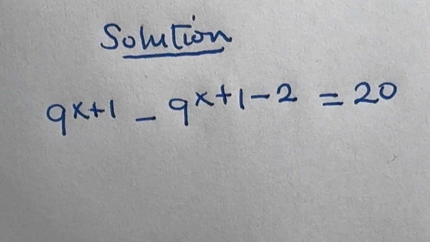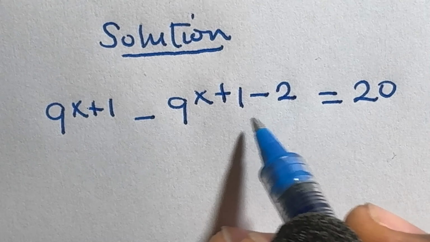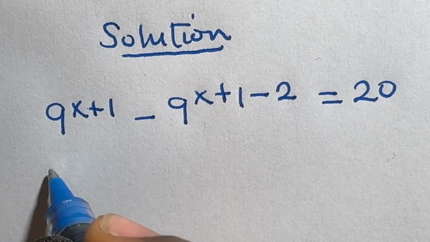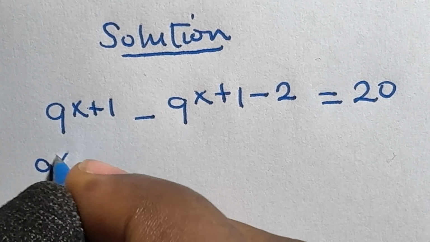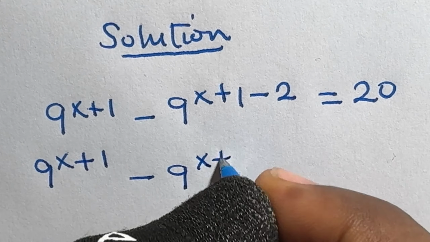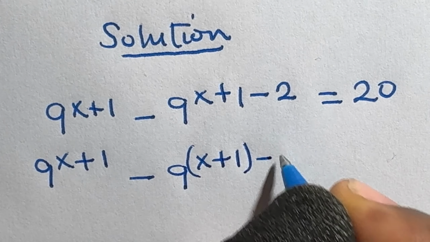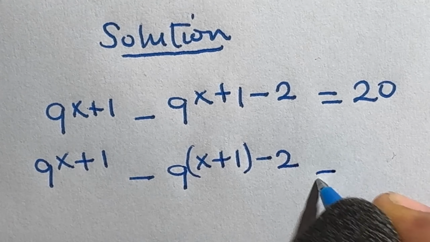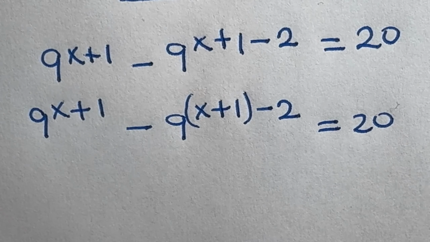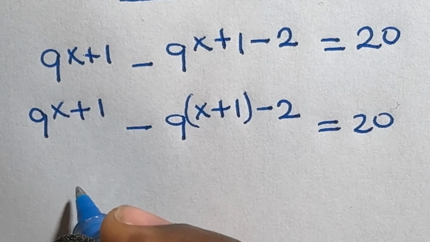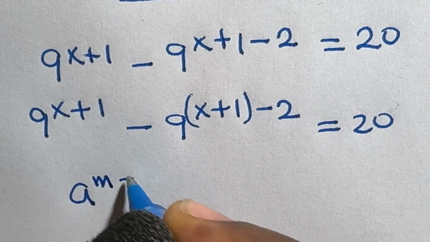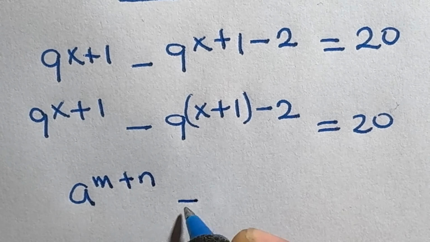The reason I've done that is that we can now separate this power into two separate powers, like 9 raised to power x plus 1 minus 9 raised to power x plus 1 minus 2 is equal to 20. And then we apply the law of indices that says when you have a raised to power m plus n, you can bring them together.